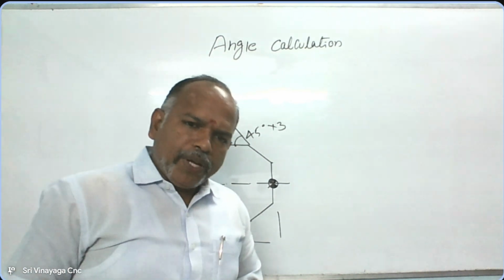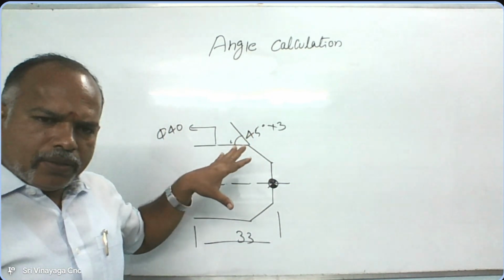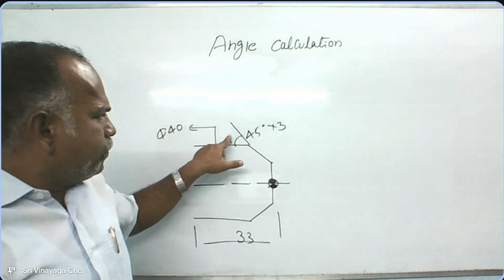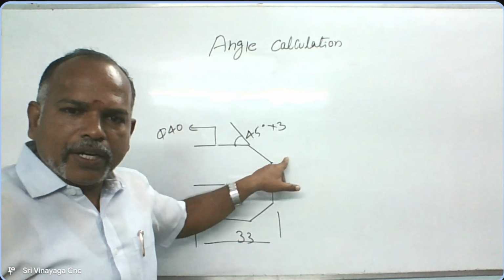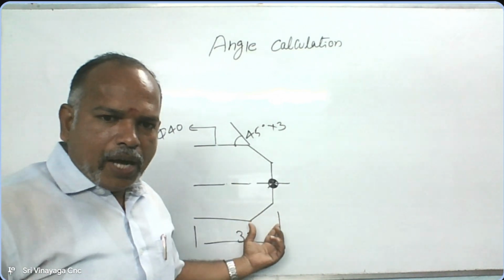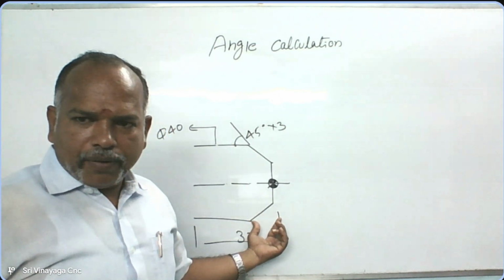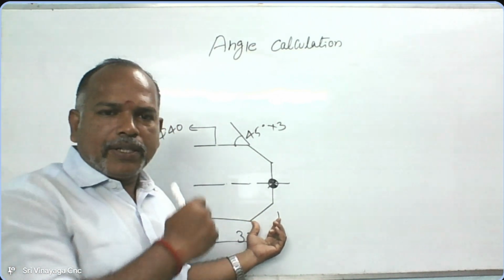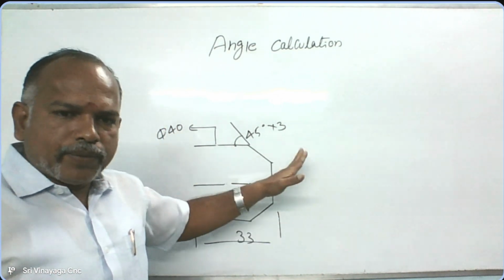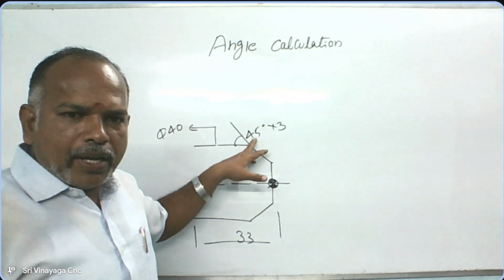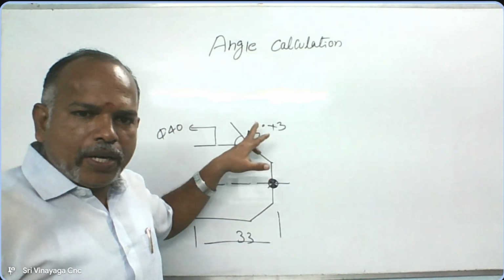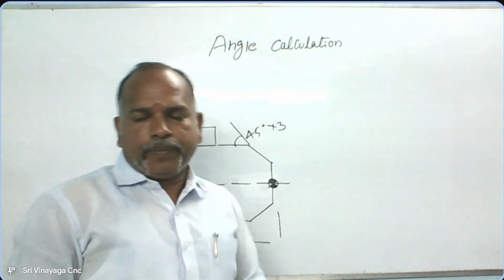As compared to the previous dimension, the difference is here. In the previous dimension, dia 30 and this length were given. But in this diagram, instead of that, they give dia 40. Here they give angular 45 degree into 3.